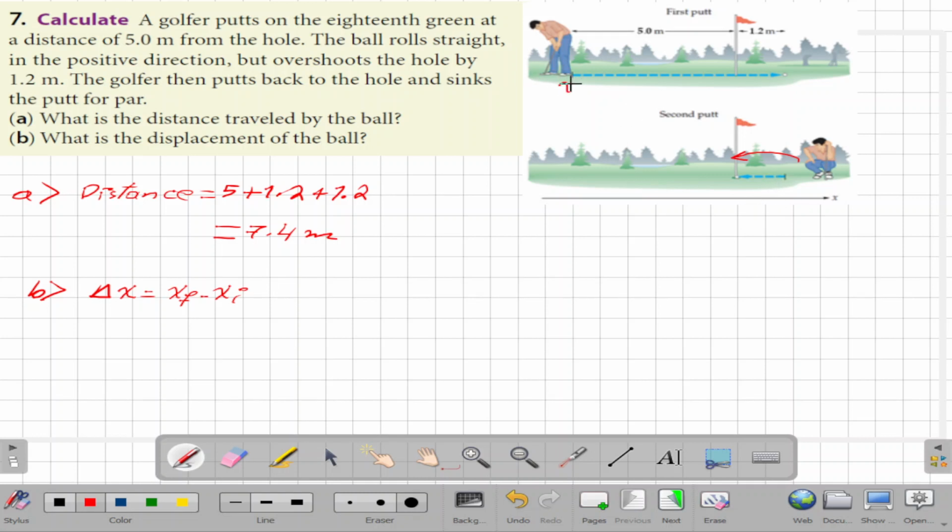Suppose it starts from the origin, so the initial position is 0. The final position is the position of the hole, so x final is equal to 5 meters. Substitute this in our formula, and we get that the displacement is 5 meters.